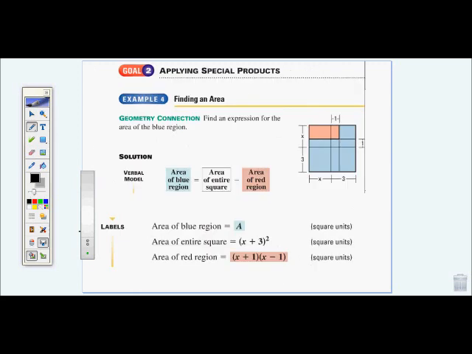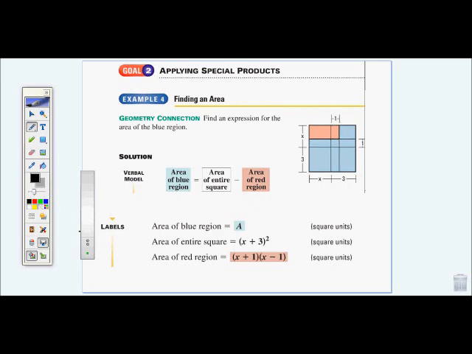Now the next one is going to talk about finding area. If you want to, you can pause a minute and just look at it. Basically, they've set up everything, and I've just copied it from the book for you. If we need to find the expression for the area of the blue region, because there's that little bit of red region out of it, we would need to use the area of the blue region equals the area of this entire square, and then we're going to subtract that little bit of red region.